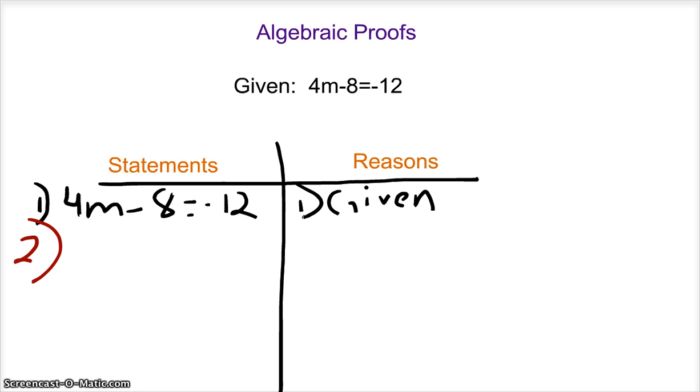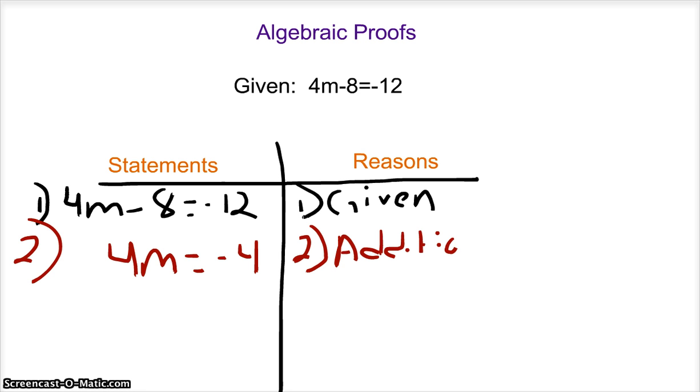So I would add 8 on both sides. So if I add 8 on both sides, I'll be left with 4m equals negative 4. And since I added 8 on both sides, that means my reason would be addition property. And I'm not going to write it all the way out. Property of equality. Okay? So that's usually the shorthand for it.